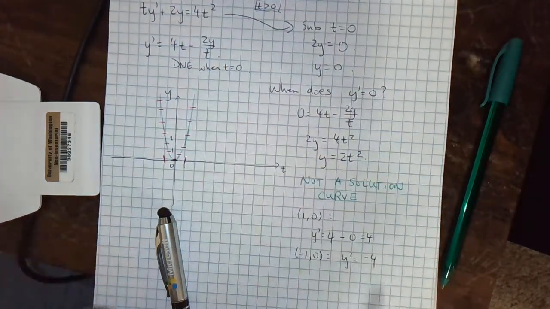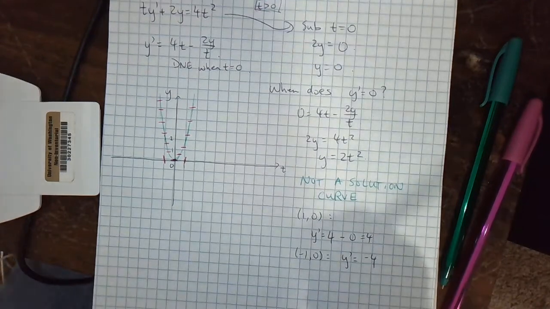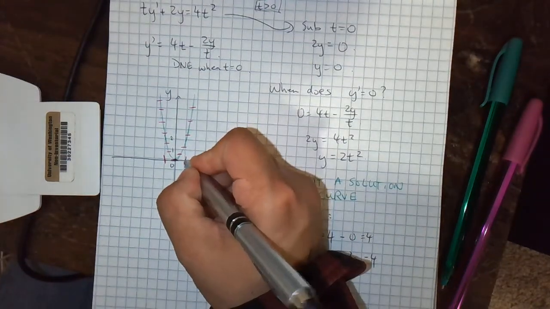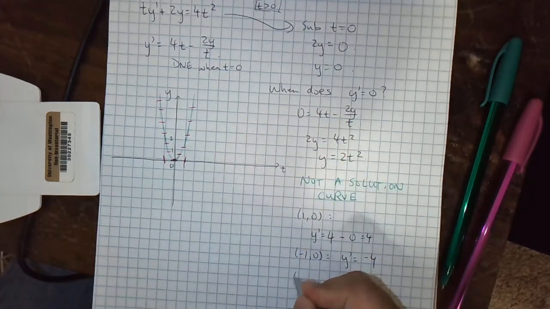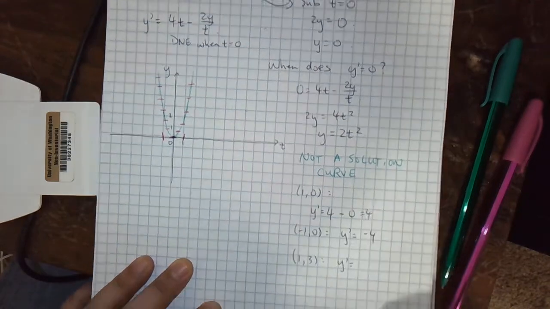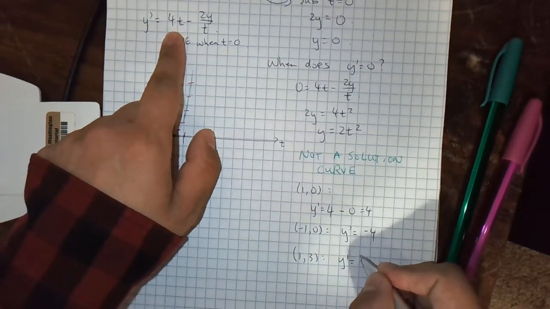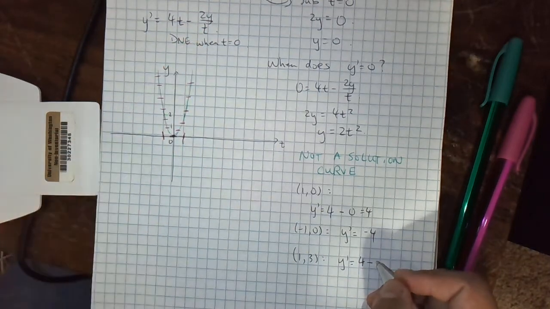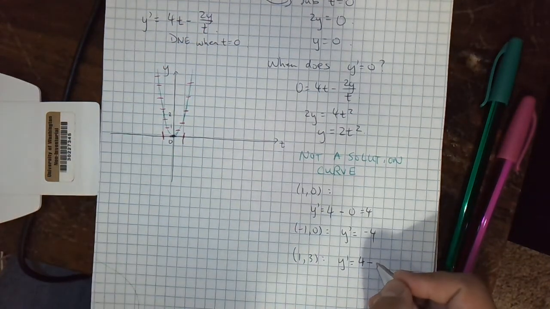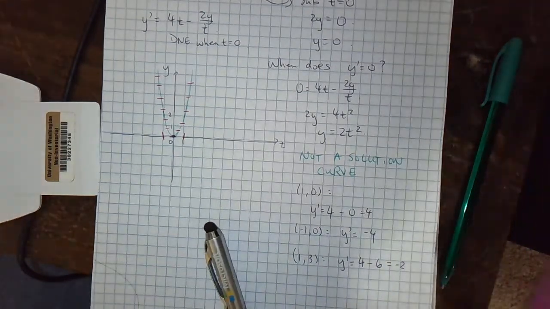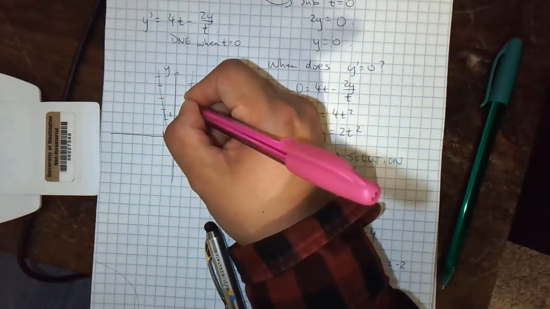Okay, pretty steep there. Okay, I'm curious about, this is 1, 2. What about 1, 3? Y prime is 4 minus 6, right? It's negative 2. Okay, that slope there is negative 2.